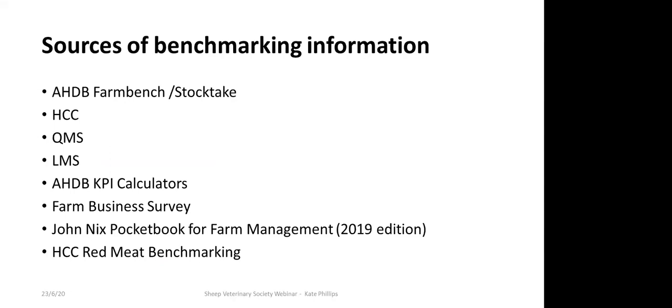In terms of looking for information for you to compare farmers' data to, there are a whole host of things available. I just want to put a word of warning on them, really. A lot of these sets of data are literally a number of farms. It's not a target, it's actually data collected from real farms and an average or a top third, a bottom third produced.